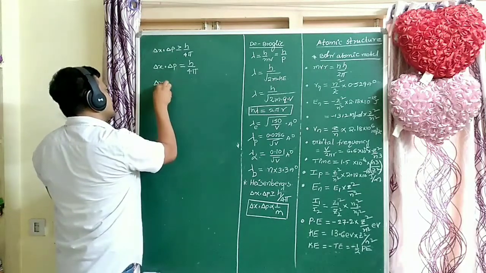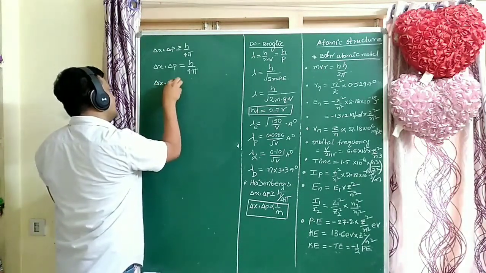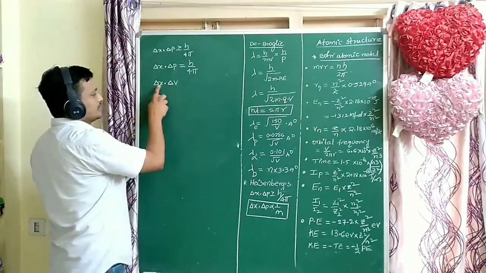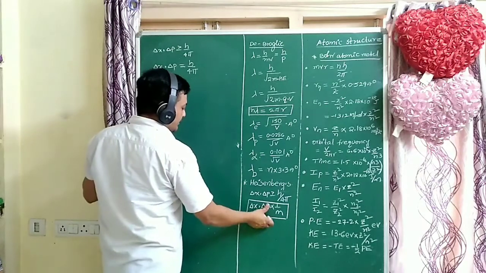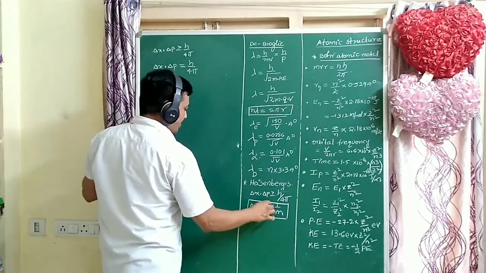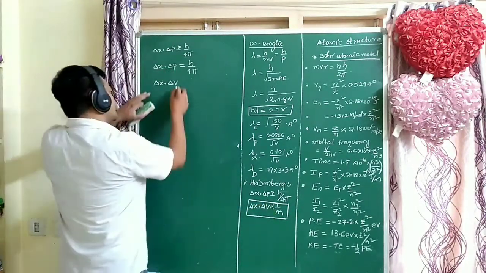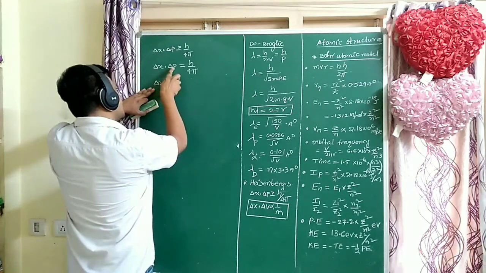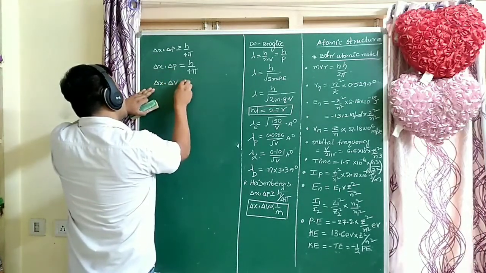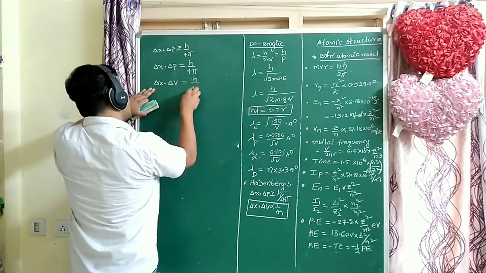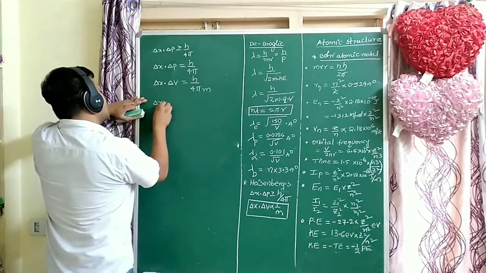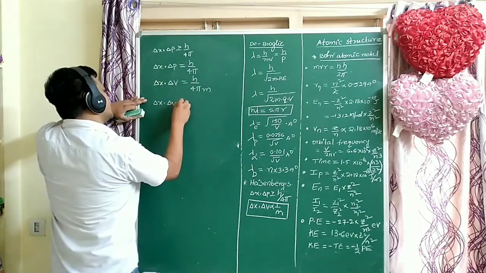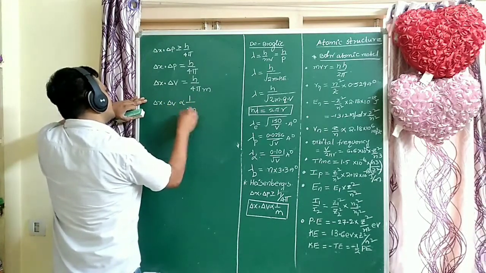Delta x into delta v. Here, in place of delta p, m into delta v, so that equals h by 4 pi m. Delta x into delta v is inversely proportional to mass.